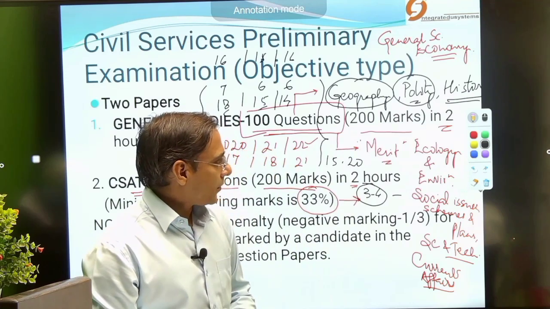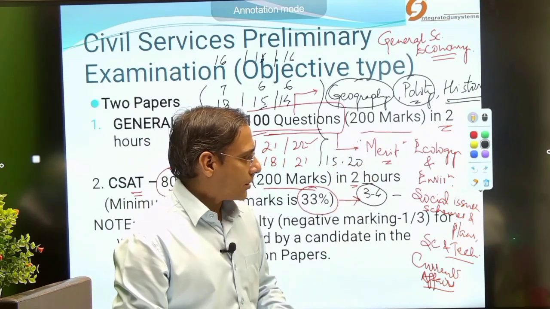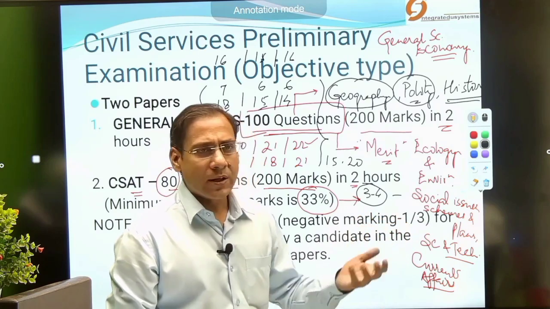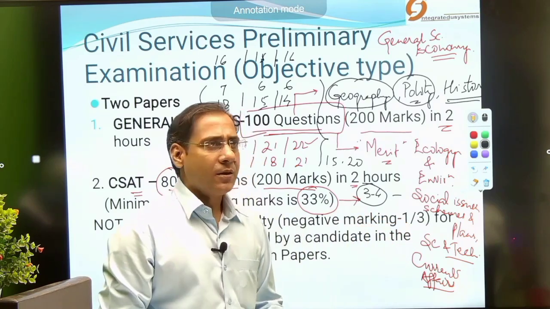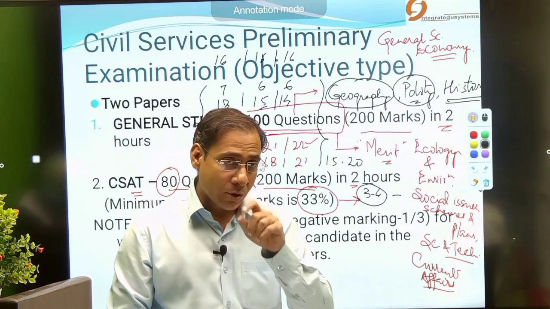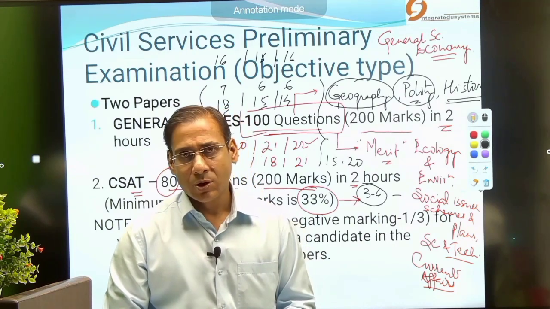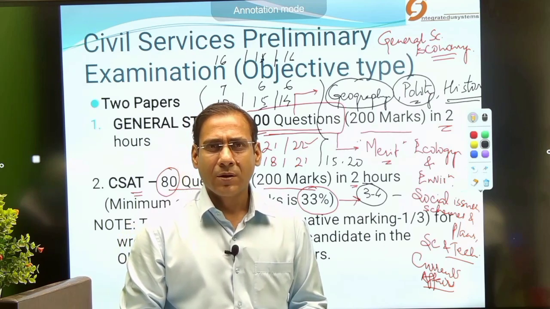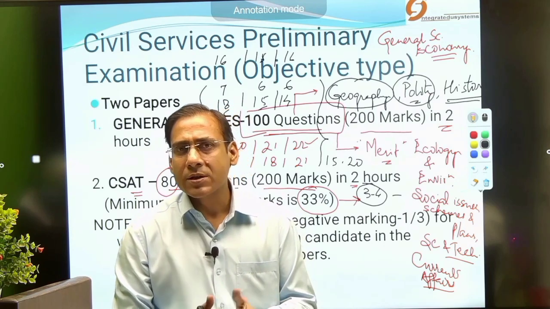Now, apart from that, some subjects also have a very crucial role. As I have said, general science has a very important role specifically in prelims, because often you get 4 to 5 questions from general science.